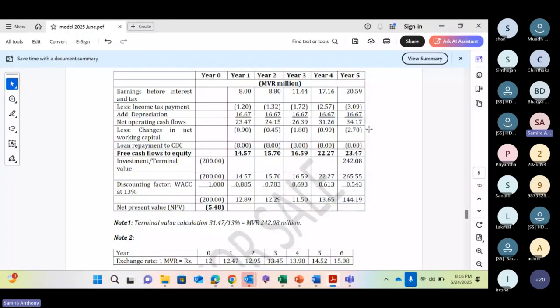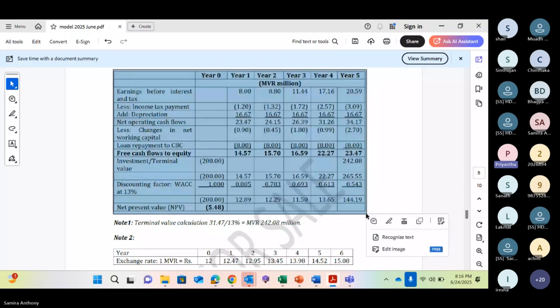Now here, what I have explained, this project appraisal, you can see my screen also, right? This project appraisal has been prepared from the perspective of the Maldivian project as an entire project.